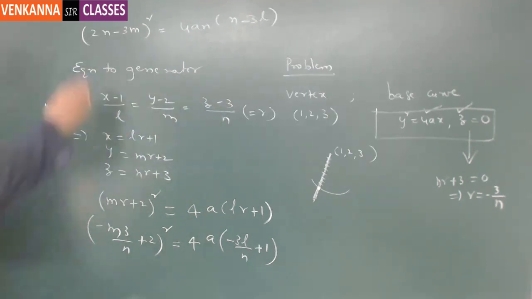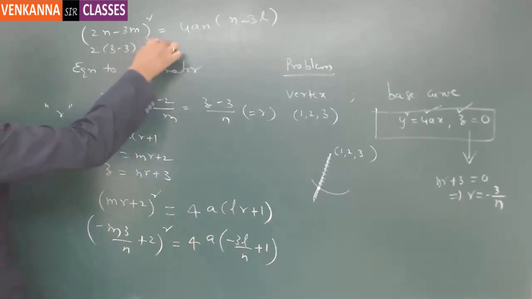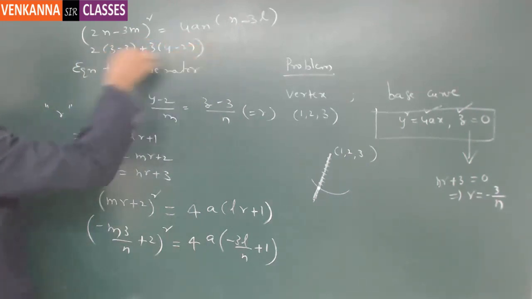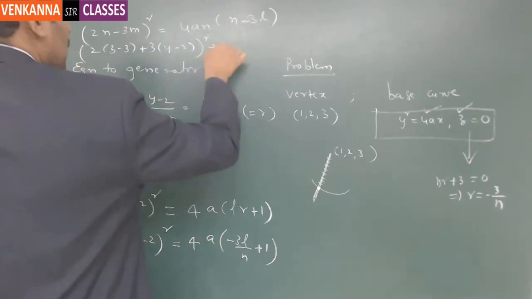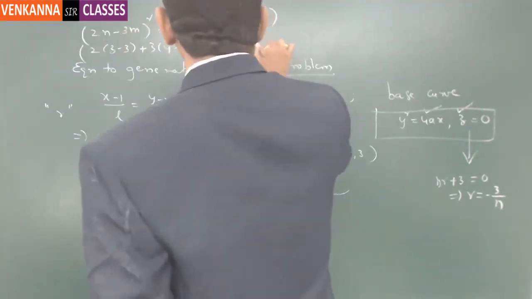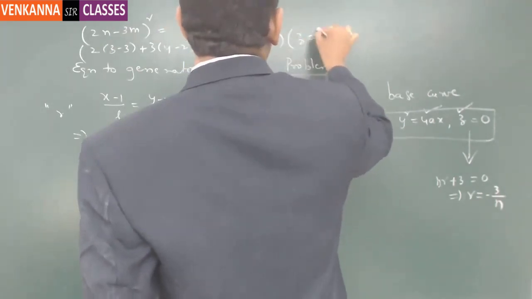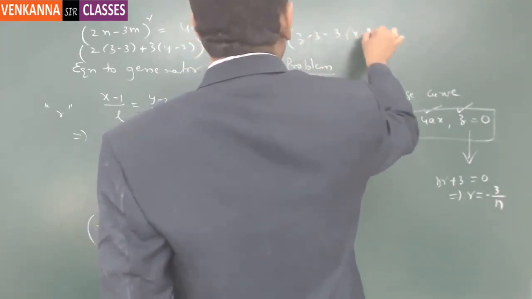So this is (2 into (z minus 3) plus 3 into (y minus 2)) whole square equal to 4a into (z minus 3) into ((z minus 3) minus 3 into (x minus 1)).